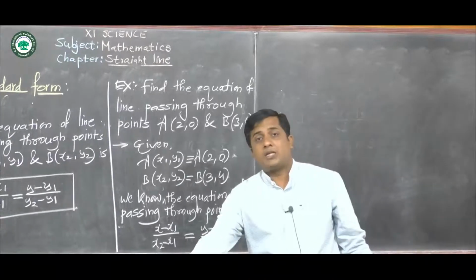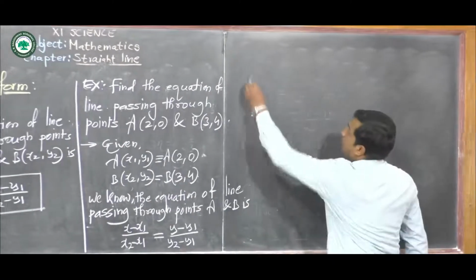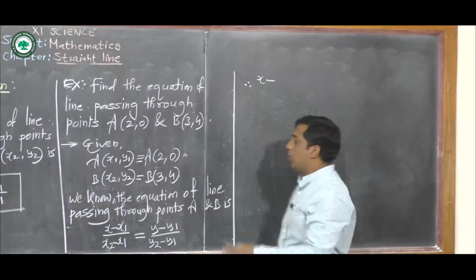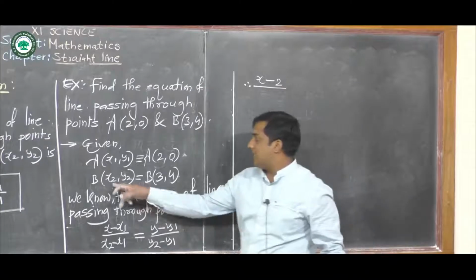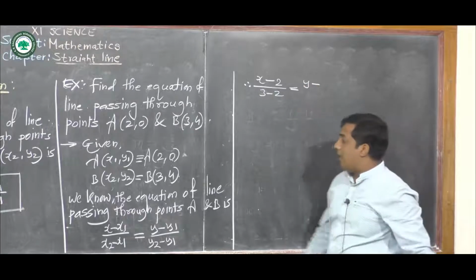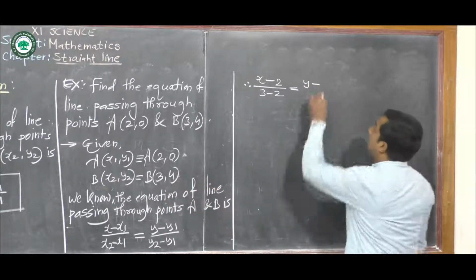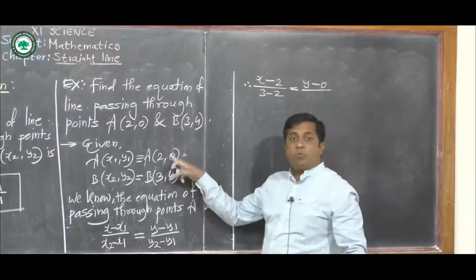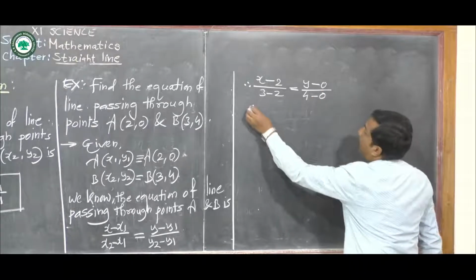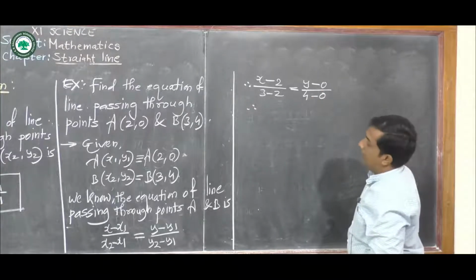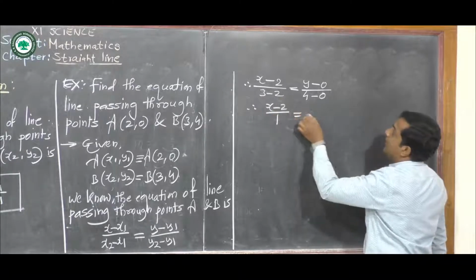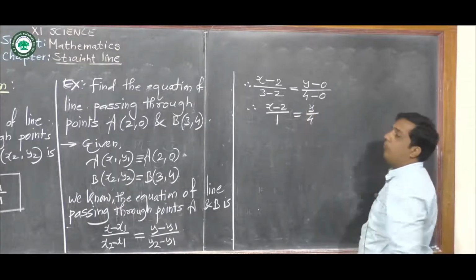Let's replace x1, y1, x2, y2 in this form. So here we get x minus 2, since x1 is 2, upon x2 minus x1 means 3 minus 2, is equal to y minus y1, y1 is 0, divided by y2 minus y1 means 4 minus 0. And here we get (x minus 2) upon (3 minus 2 is 1) equal to y upon 4.